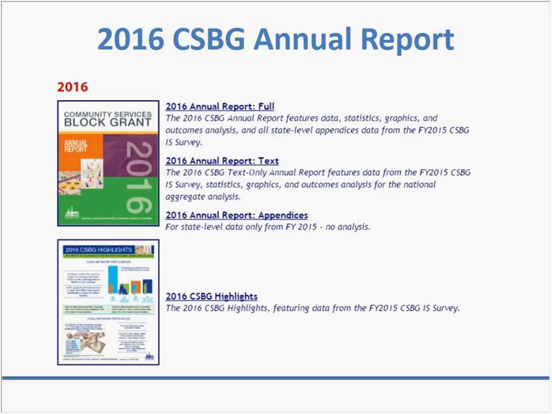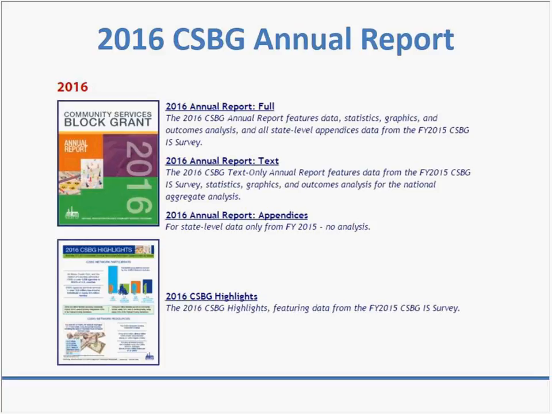Okay, thinking of other questions. I want to make sure everyone knows that we've posted the 2016 annual report that is published by NASCSP every year. The 2016 annual report has data from fiscal year 15.